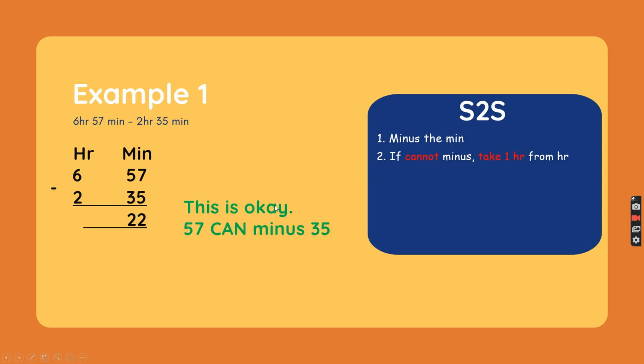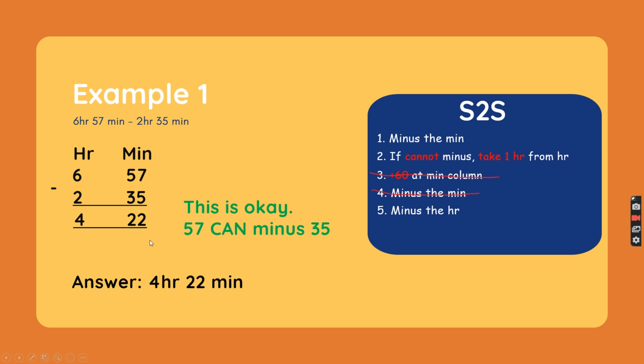But this one is okay because 57 can minus 35. So we're going to scratch off step 3 and step 4 right now, because we can minus and the answer is 22. Then we go to the last step, which is to minus the hour. 6 minus 2 gives us 4, and the answer is 4 hours 22 minutes.